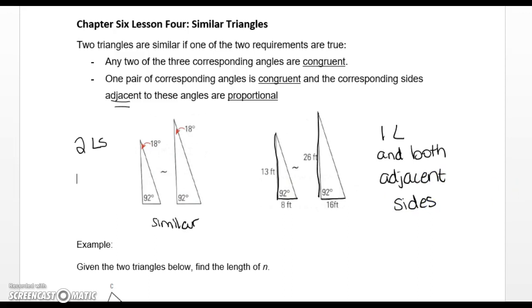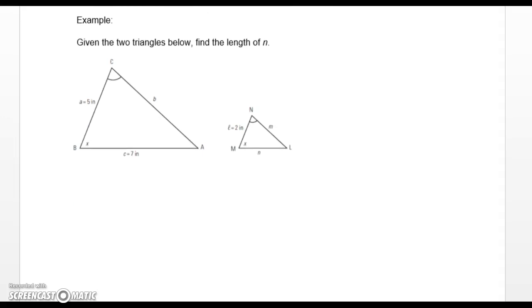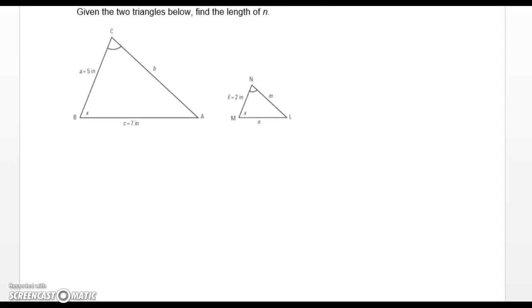So now we're going to apply this information to help us find missing information in a triangle. And this one here will be example number 1 in your notes. So given the two triangles below, we're going to find the length of n.